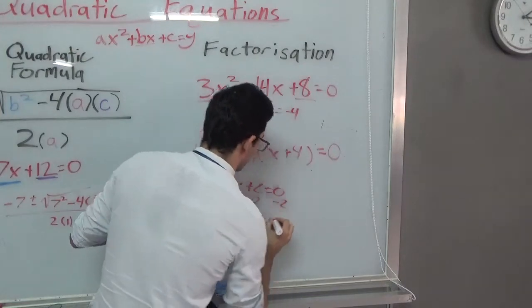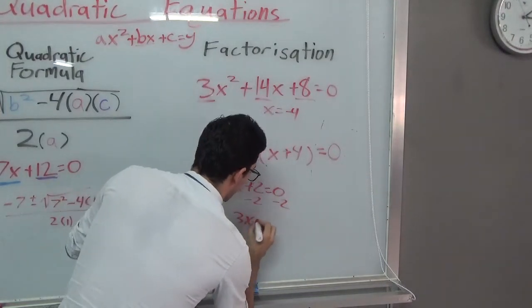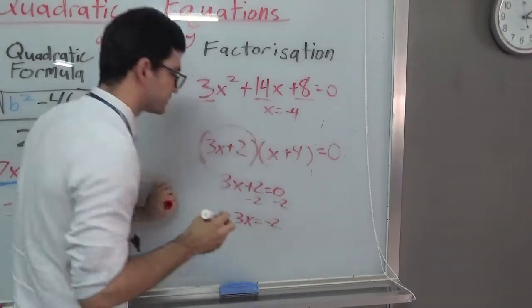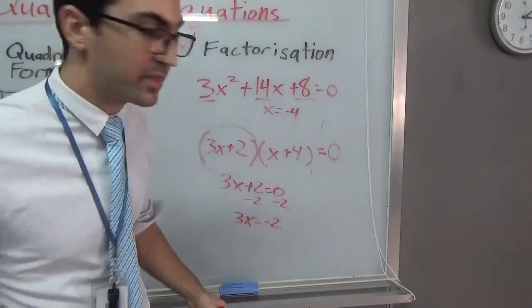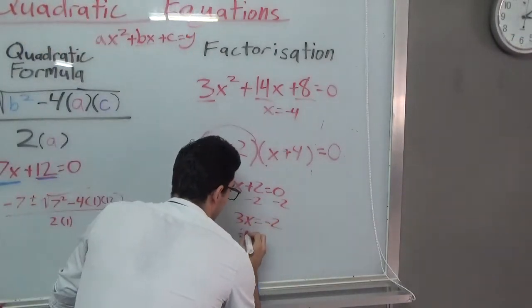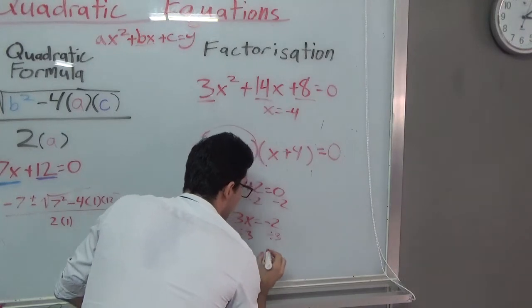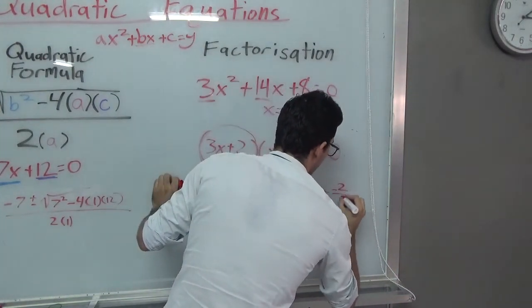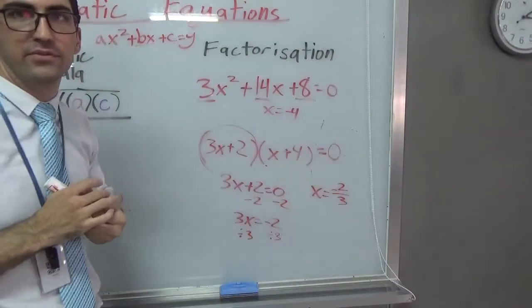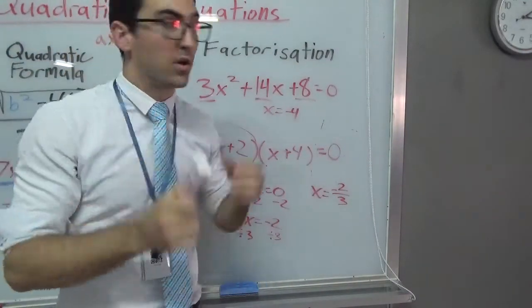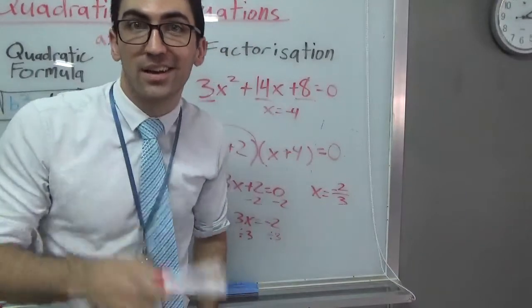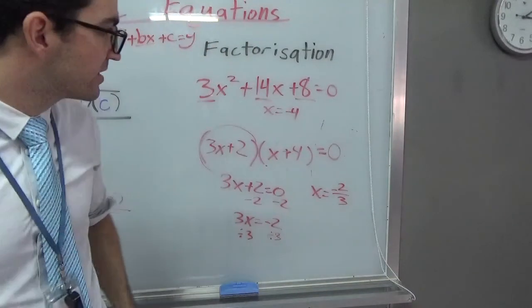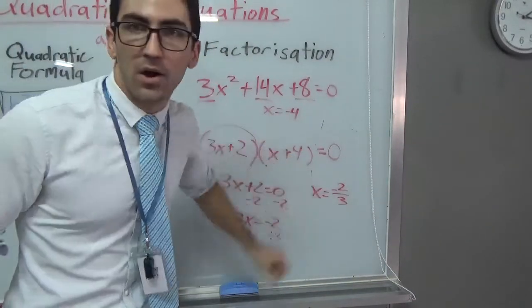Subtract 2, subtract 2. So we have 3x equals negative 2. Now let's divide both sides by 3. Divide by 3, divide by 3. So we will be given x equals negative 2 divided by 3. Negative 2/3. So let's check using Desmos to see if our two answers here are correct.